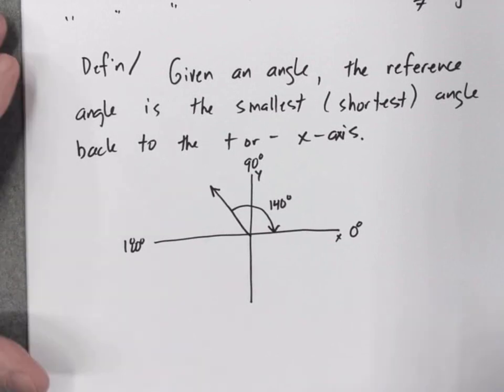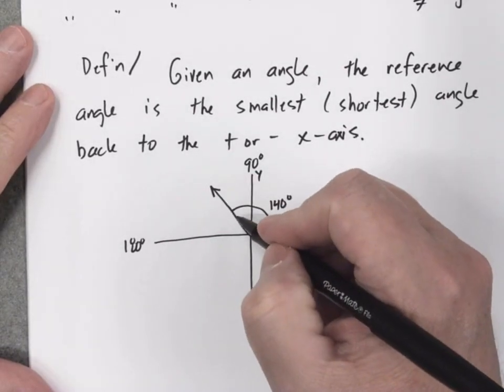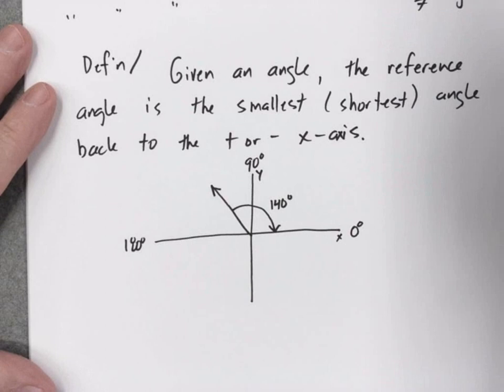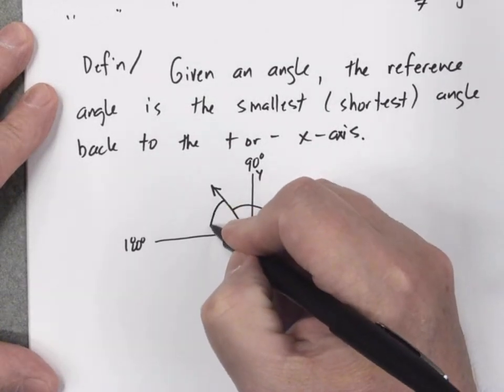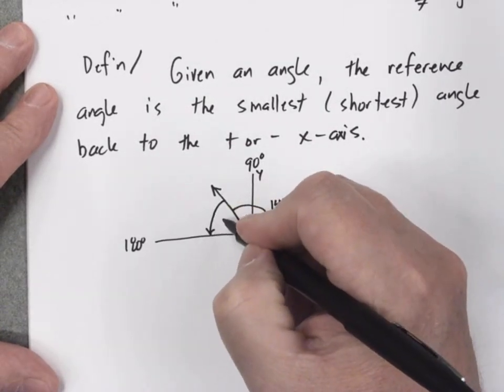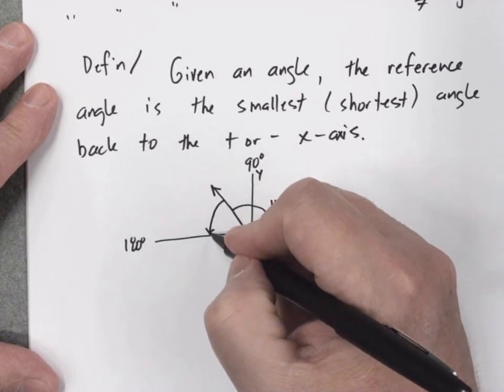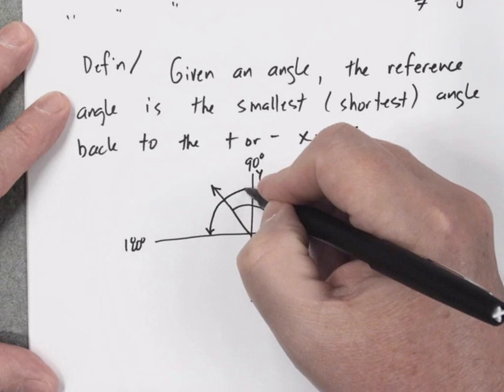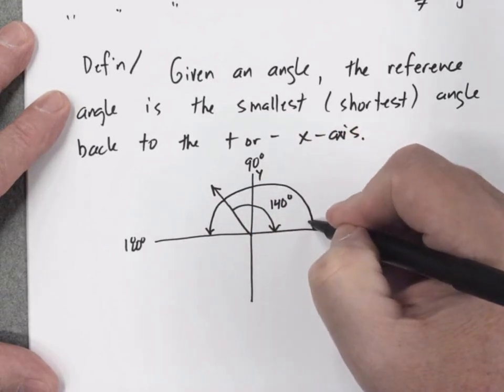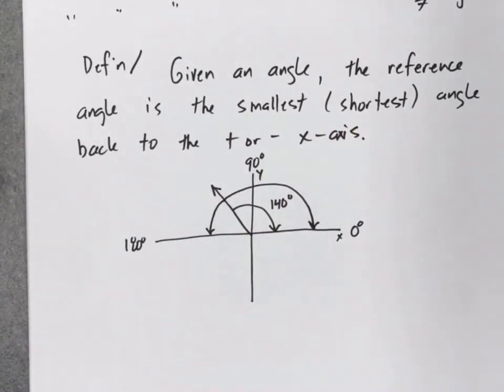The reference angle says, from here, what is the shortest angle or the smallest angle back to the x-axis? Meaning, here's an angle back to the x-axis, or here's an angle back to the x-axis.